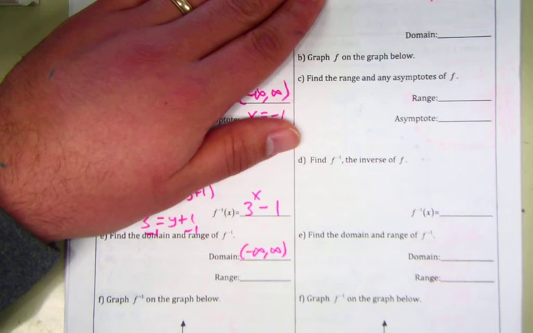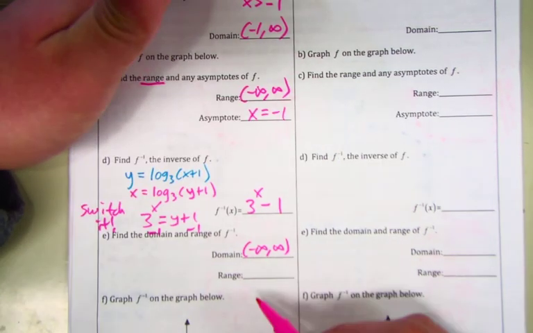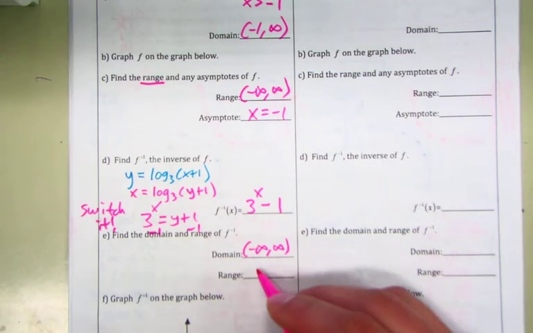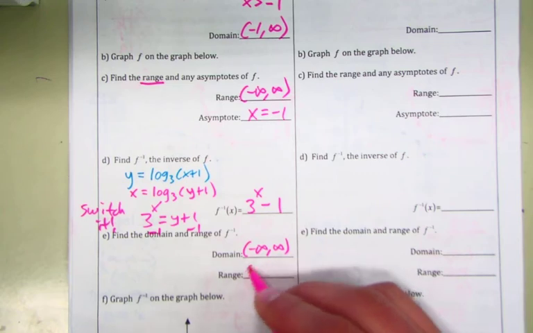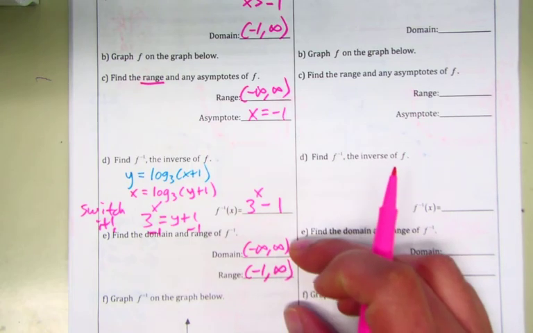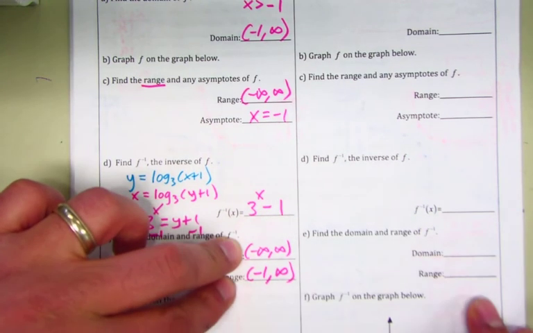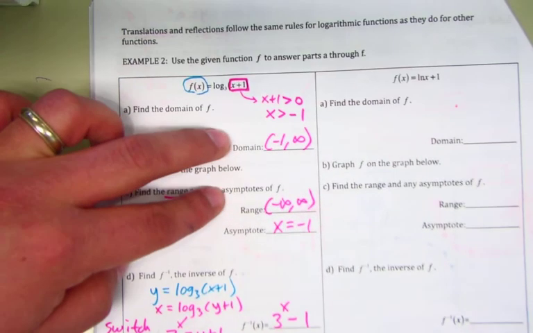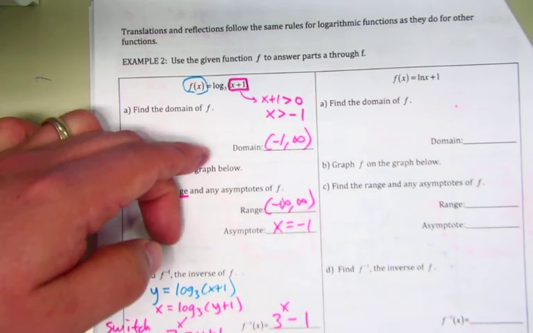It's at -1. So now we have a range of -1 to infinity. Let's say I don't like the shifting. Could we have figured that out? What happens up here? They switch. They're inverses, so they switch.